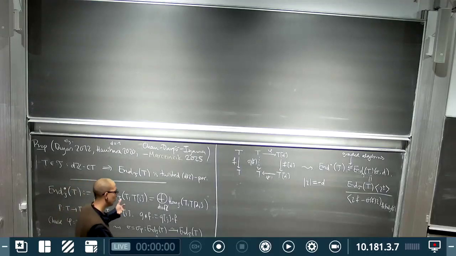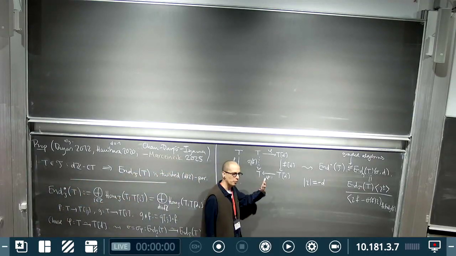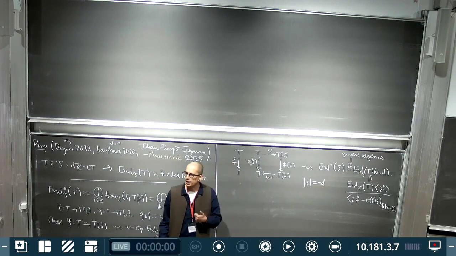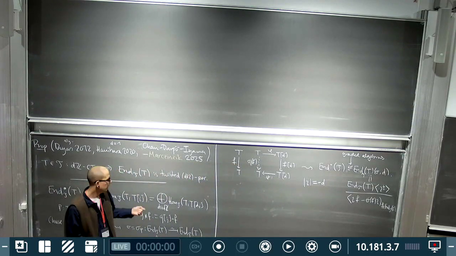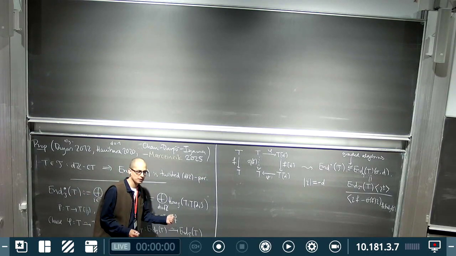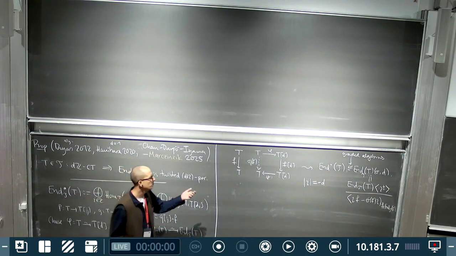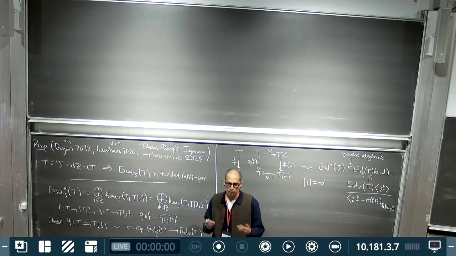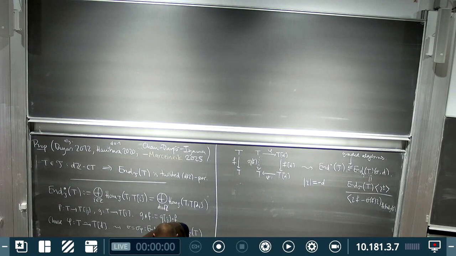In fact, I want to point out that all the information that we could ever get about this graded endomorphism algebra, we can get just from the degree 0 part and this sigma. So I need to remember a little bit less in order to reconstruct this graded algebra. That's the summary. Okay.